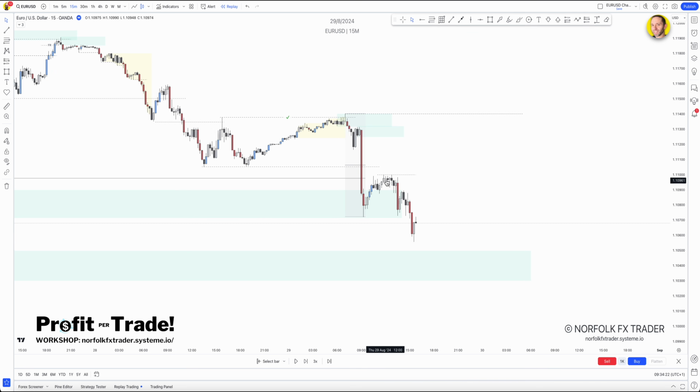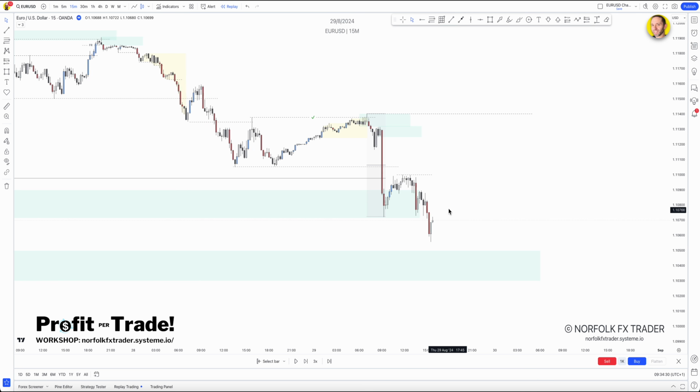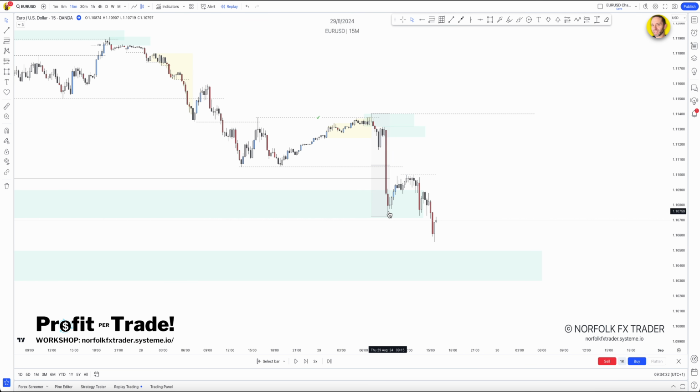So the market, in fact, has pushed through. So we never got the pullback, and now we run through. So we had an expansion move, pullback, expansion. At this point, we're not looking to sell because we were looking for price to pull back into that area. And we didn't get that. And this is how it keeps you out of taking trades sometimes, which could end up being a losing position.